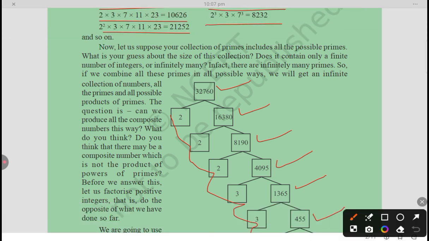Here is a big number, 32,760. If you factorize it by 2, you will get 16,380. Again, you factorize this, you will get 8,190.